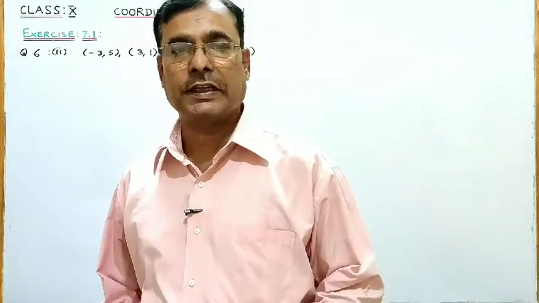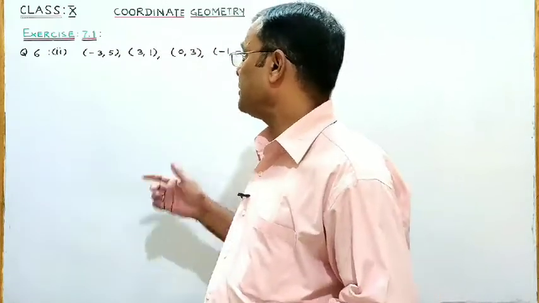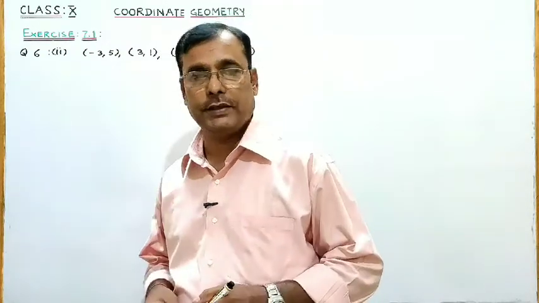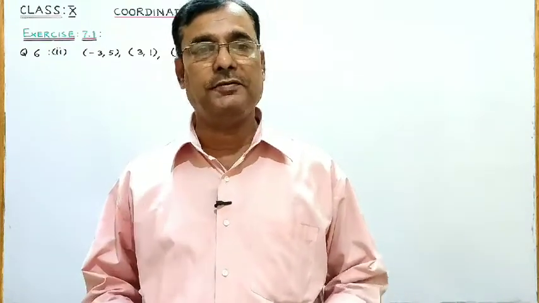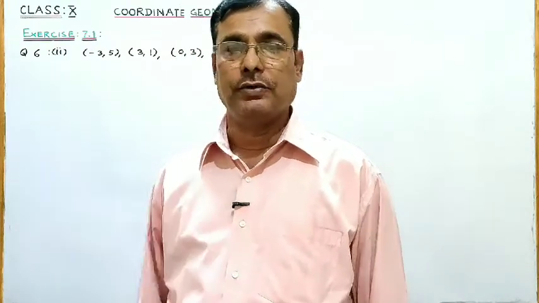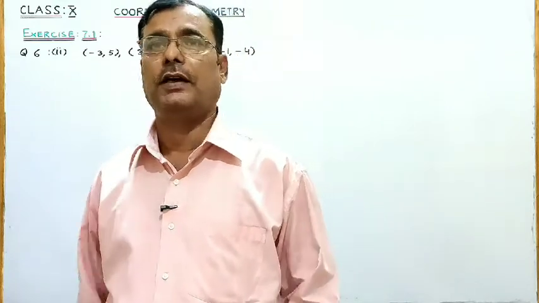Question number 6, now second part. In this part also we are given 4 points and we have to name the type of quadrilateral formed if any, and also give reasons for the answer.